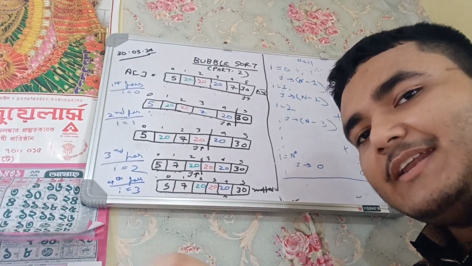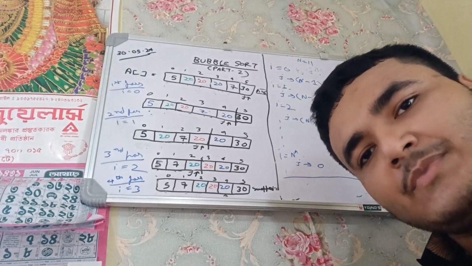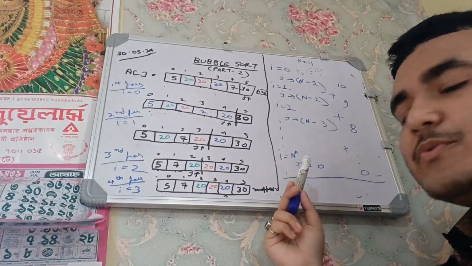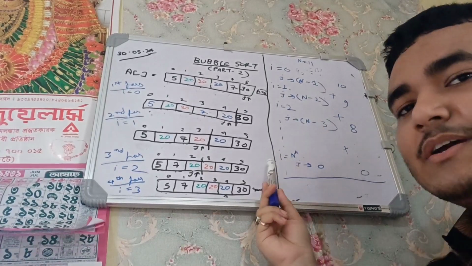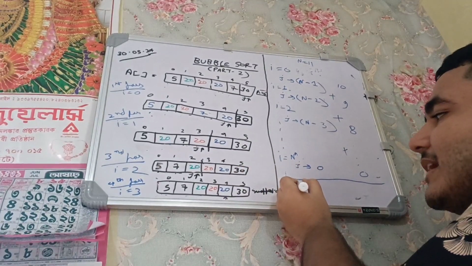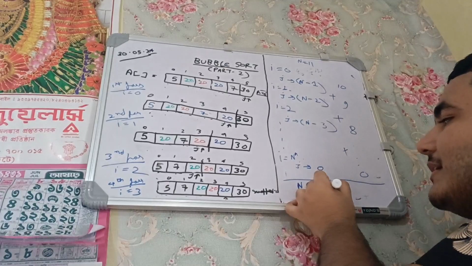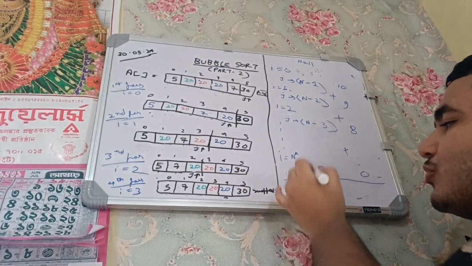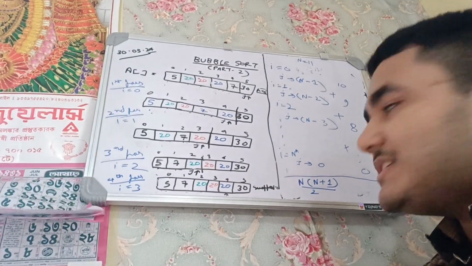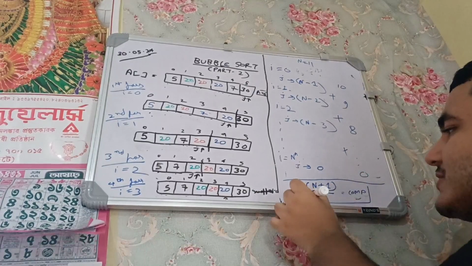So 10 into 11 by 2, the total sum becomes 55 from 1 to 10, right? So here also we are doing the sum of n natural numbers, and the number of comparisons we are making is n into n plus 1 by 2. So this is the total number of comparisons in case of bubble sort.